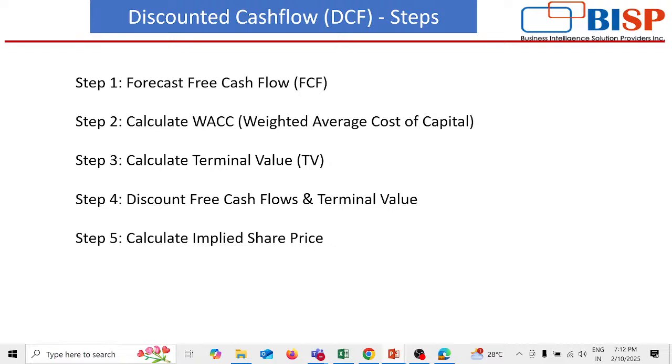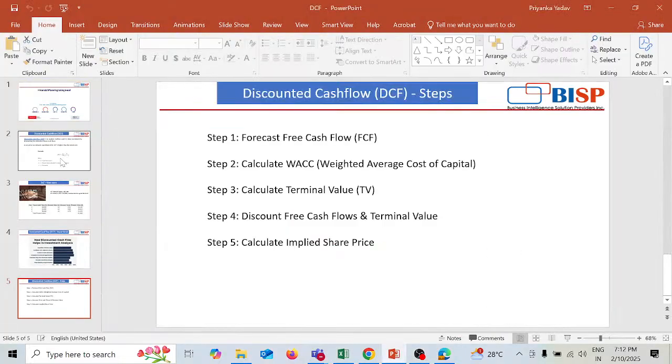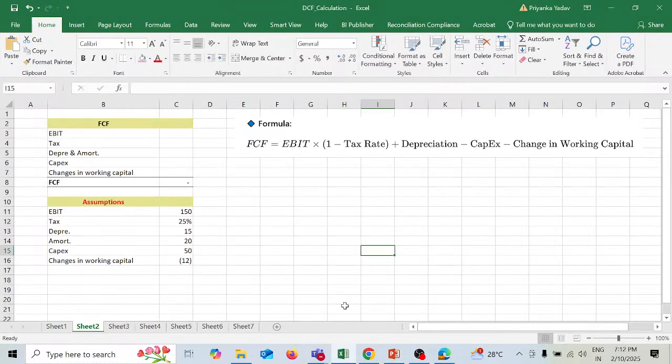So let's start this exercise. We're going to perform all these steps in Excel. So first we're going to calculate free cash flows.